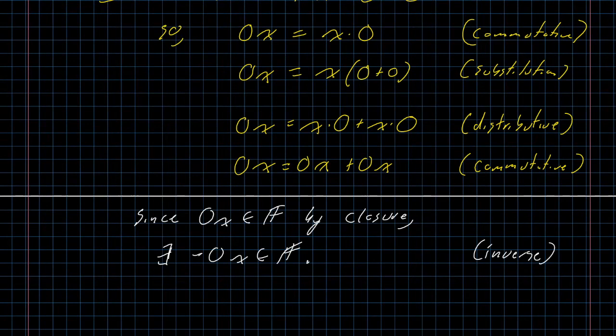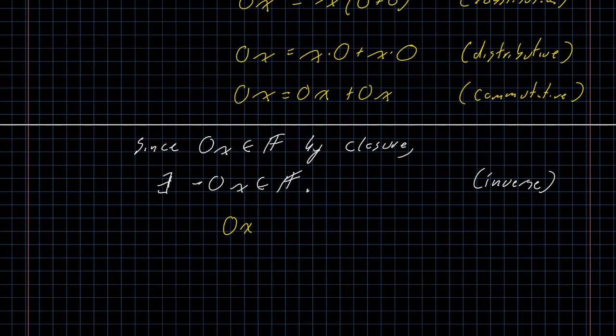Right, so 0 times x is in the field by the closure property, and anything in the field has an additive inverse, which we write as the opposite of 0x. Again, you know and I know that this is really just 0, but we haven't established that yet, so we're going to go through all the motions.